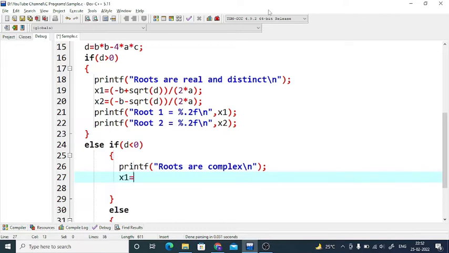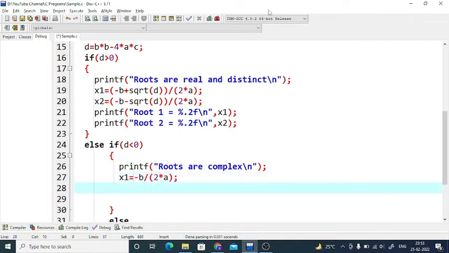So my x1 would be minus b upon 2 into a, which has to be in brackets. Okay, so that's the real part, minus b upon 2a. The imaginary part is square root of d upon 2a, but d is negative, so I'll take that minus away, which will be square root of minus 1, and that will be printed as i.